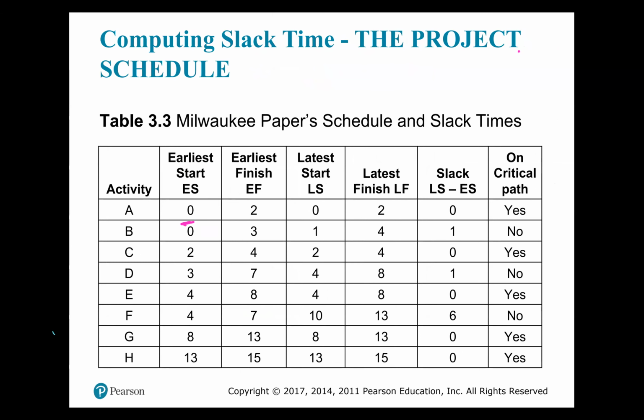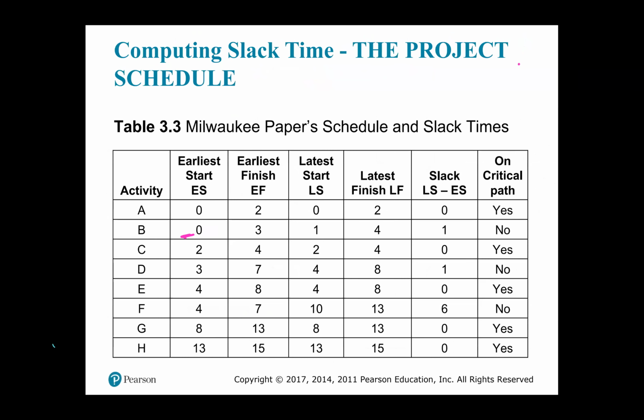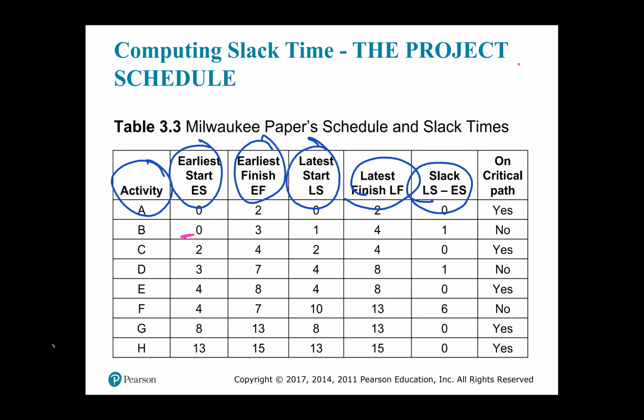Notice the heading of the table. It lists the activity name, the early start time, the early finish time, the late start, the late finish time, the slack, and then you ask the question: is this activity on the critical path? Yes or no?